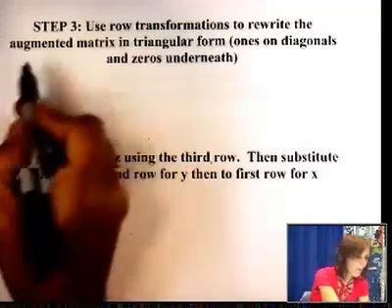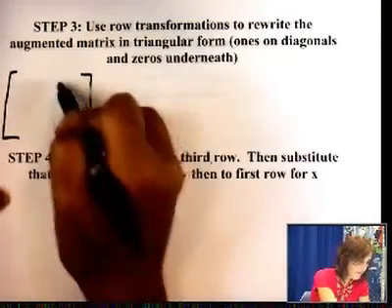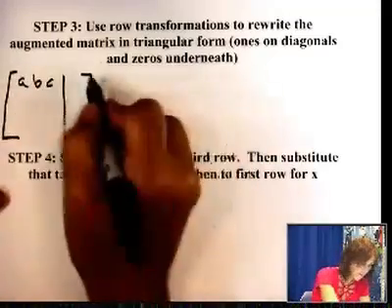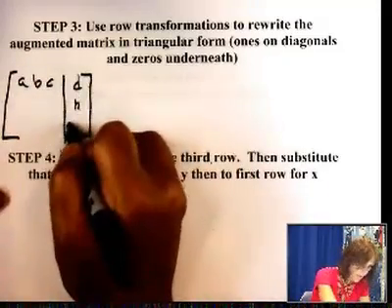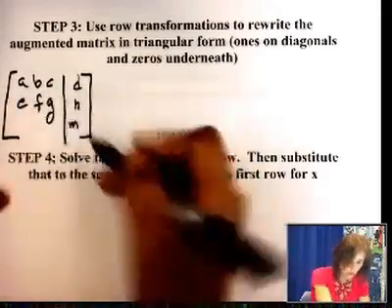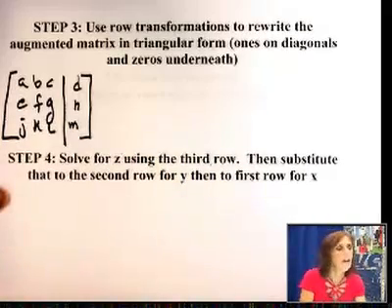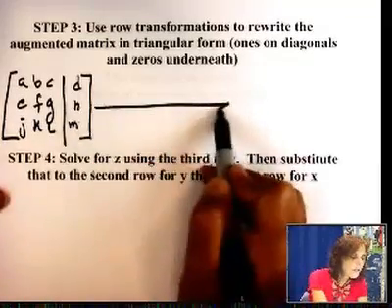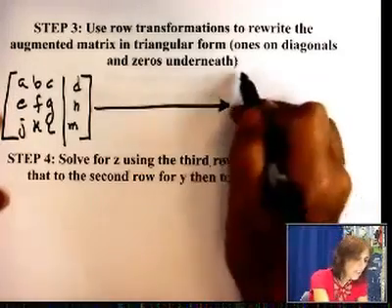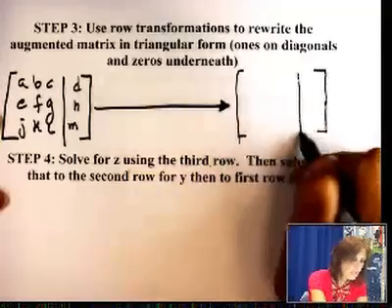So this was what you started with: A, B, C, and you have D, H, M, and then you had E, F, G, and you have J, K, L. You're going to do a bunch of row transformations, and I'll be specific about what you need to do. And you're going to put this matrix in this form.